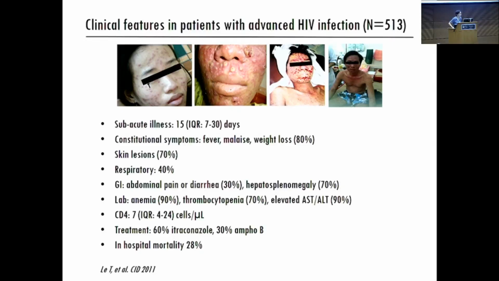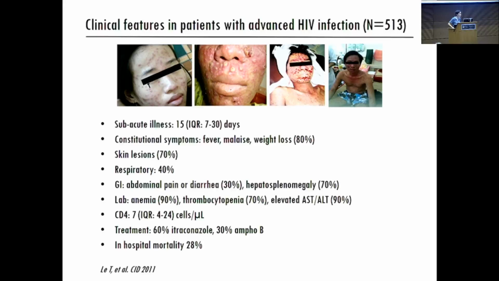Early diagnosis is a big problem for these conditions. They present with constitutional symptoms, and 70% of patients at the time of diagnosis have skin lesions, and in 30 to 40% of patients the diagnosis is made by blood culture.